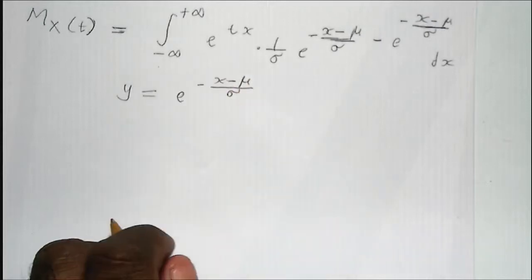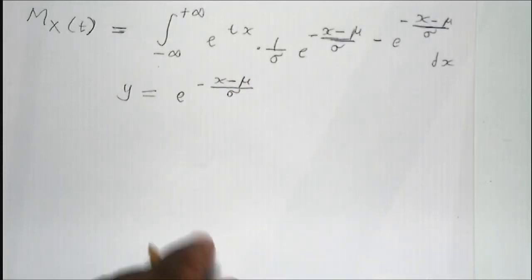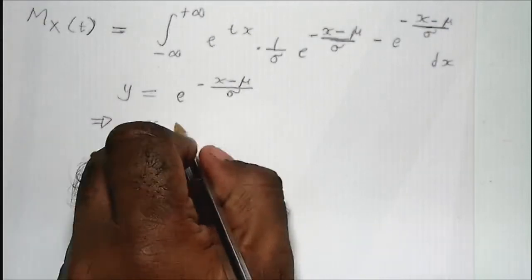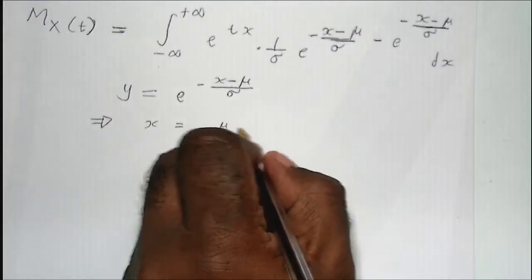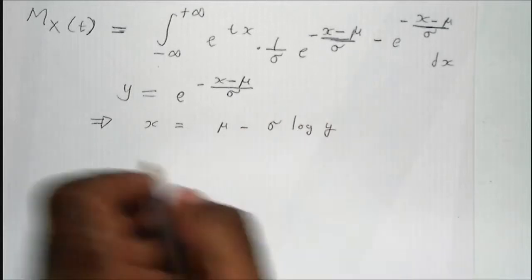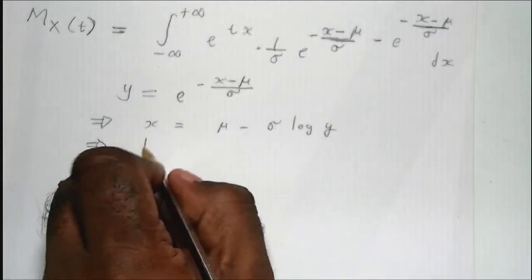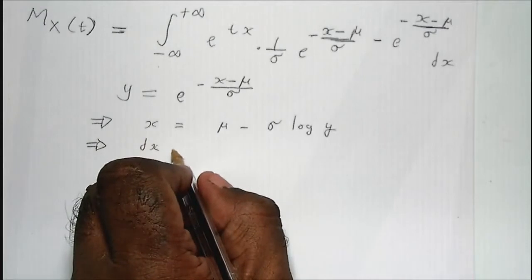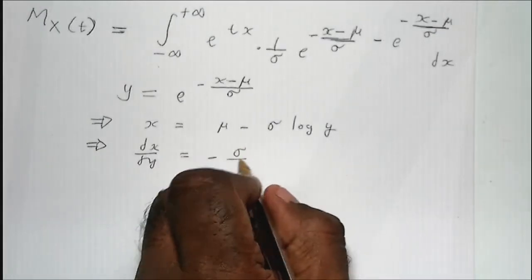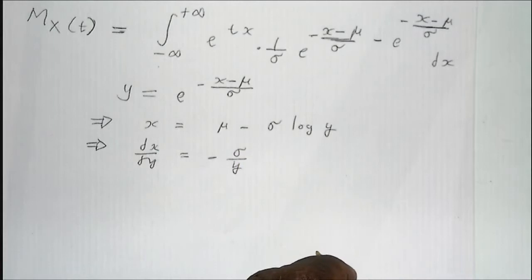I'm going to make the following substitution. So x is equal to mu, and dx by dy is minus sigma over y, right?